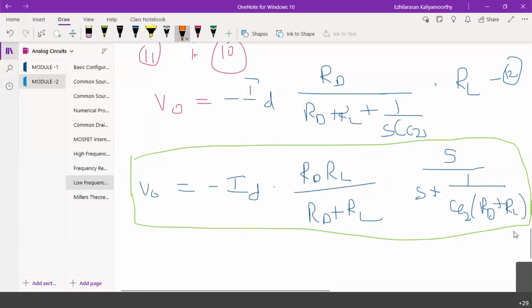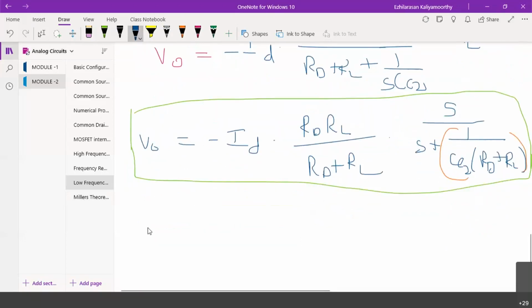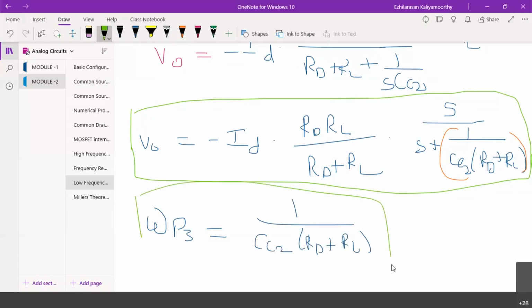Now in this, we can see one more cutoff frequency we got here. The other cutoff frequency is omega P3. Omega P3 is equal to 1 by CC2 into RD plus RL. This is the third cutoff frequency.